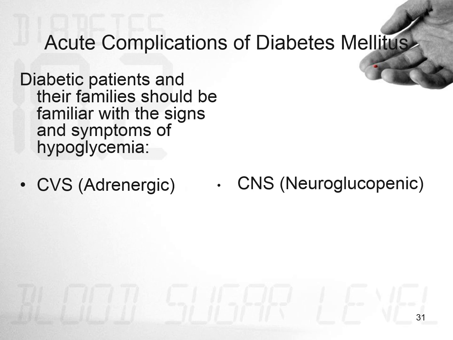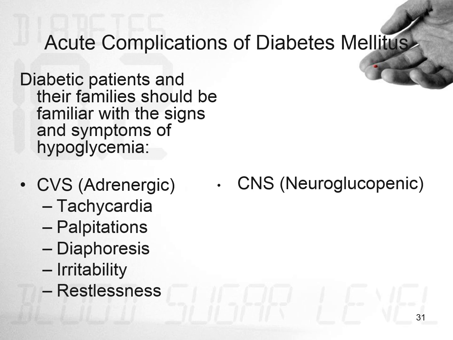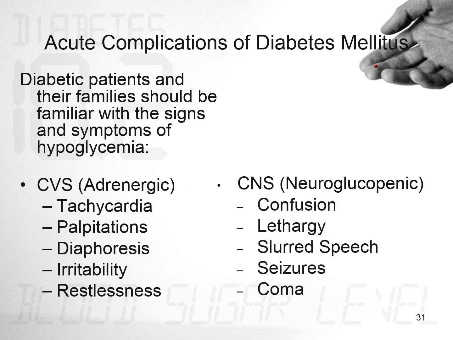Okay, diabetic patients and their families should be familiar with the signs and symptoms of hypoglycemia. So at the CVS level, the adrenergic level, you're first going to see patients with tachycardia, palpitations, diaphoresis, irritability, and restlessness. Those may be some of those very first signs that they're going to notice.